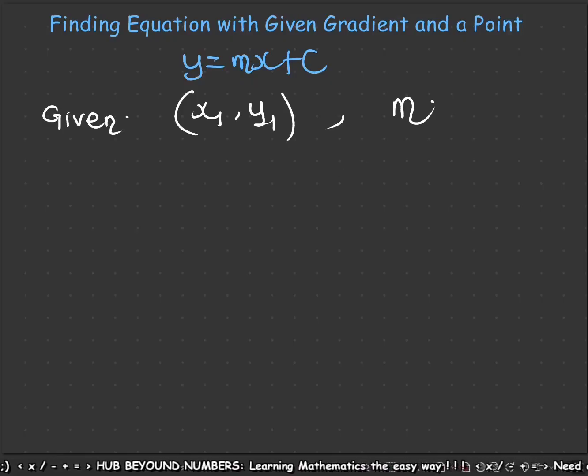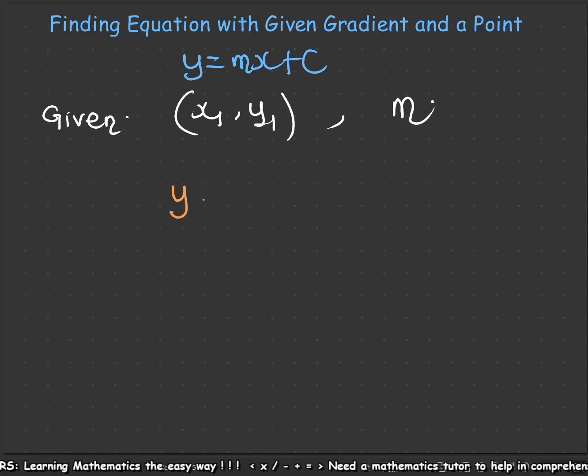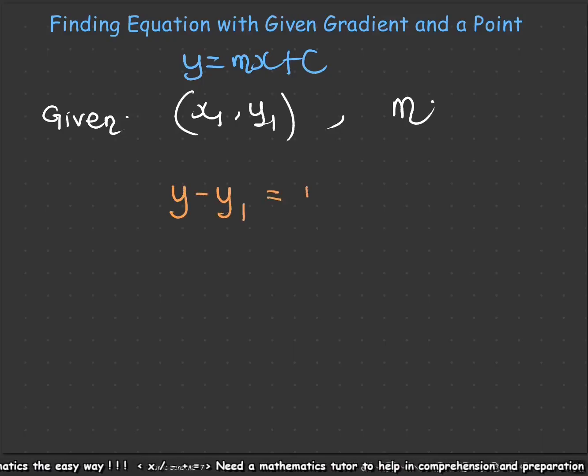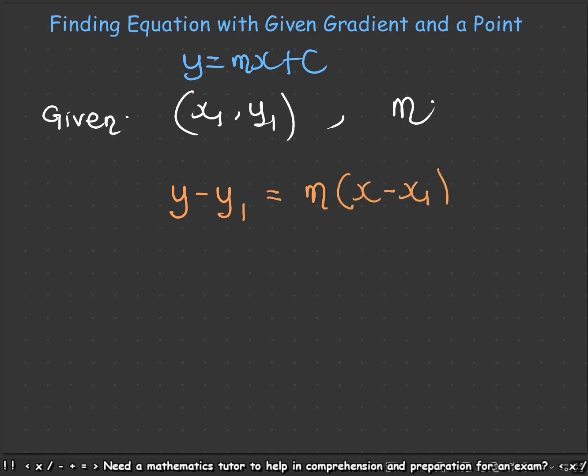To determine the equation of a line, we use a very simple equation. That is y minus y1 is equal to m into bracket x minus x1. As simple as that.